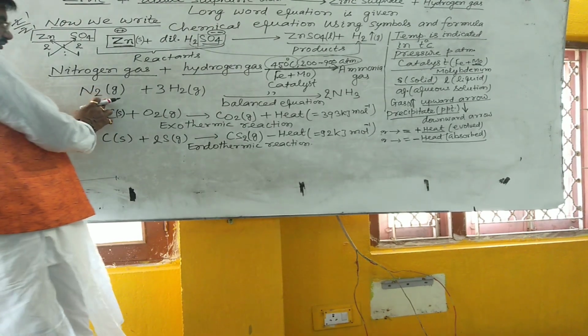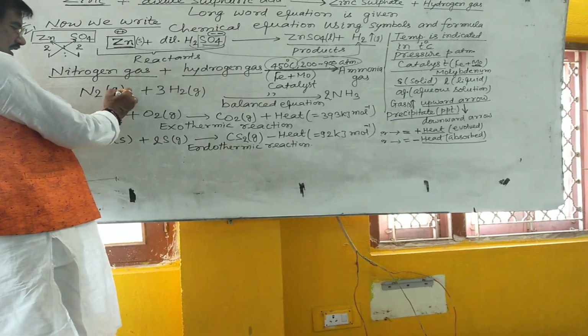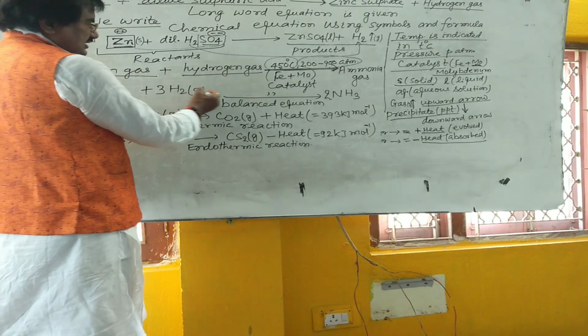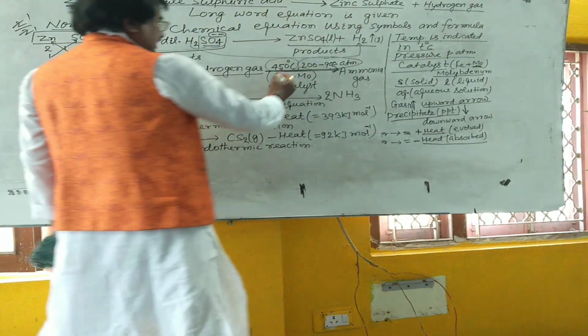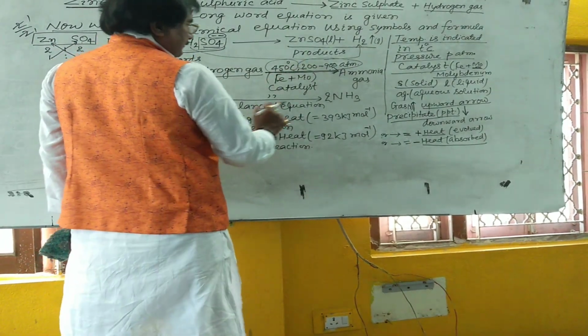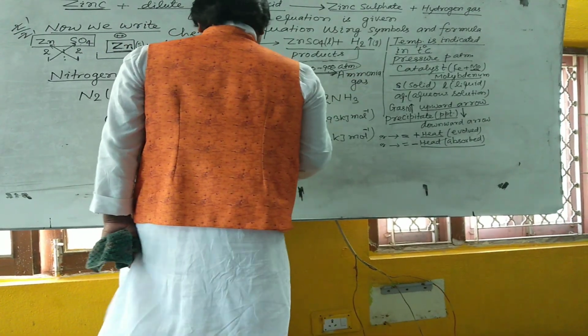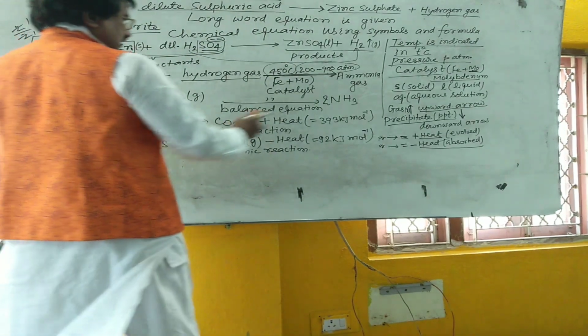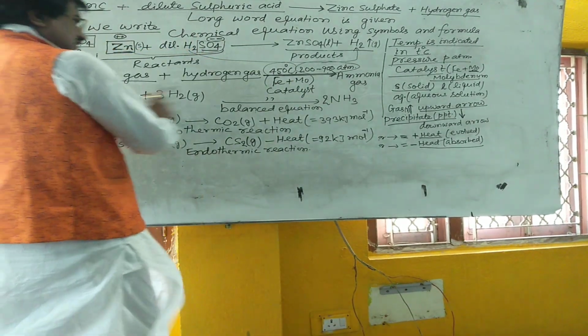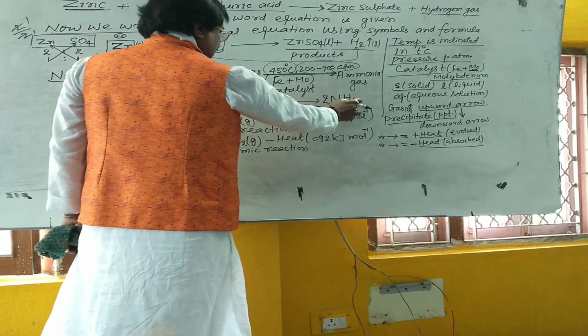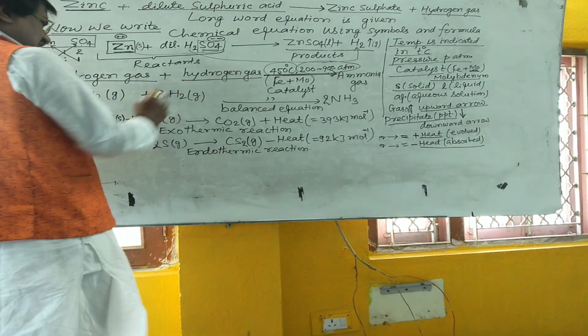So N2 gas, H2 gas, these can be written in the same way here, and ammonia NH3. The equation is balanced: 2 nitrogen, 6 hydrogen, 6 hydrogen.